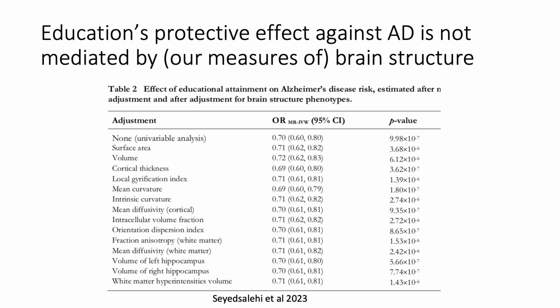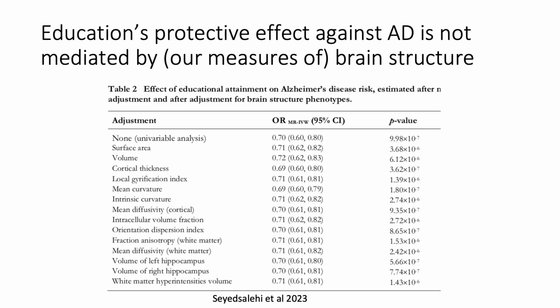Another way of checking causality is to look at mediation. So we can look at our effect of education on Alzheimer's and adjust for brain structure. It's like adding that into the regression model and seeing if our effect size changes, and it doesn't change.